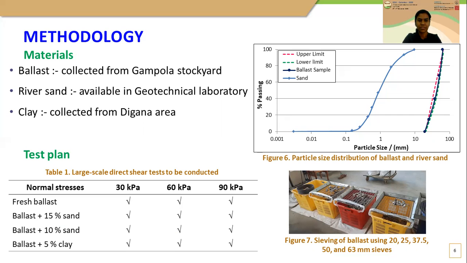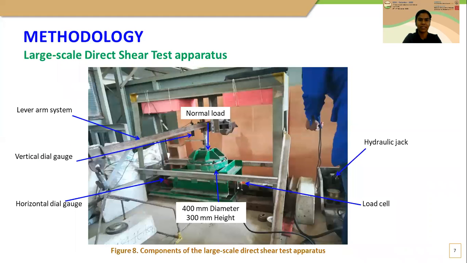Four types of samples were tested: fresh ballast, ballast with 15% and 10% of sand fouling, and ballast with 5% of clay fouling. All four samples were tested under three different normal loads: 30, 60, and 90 kilopascal. This figure shows the large-scale direct shear test apparatus designed and constructed at the Geotechnical Laboratory in the University of Peradeniya.